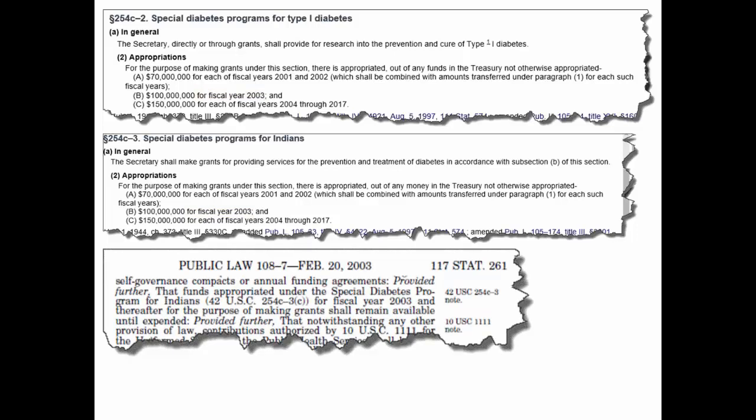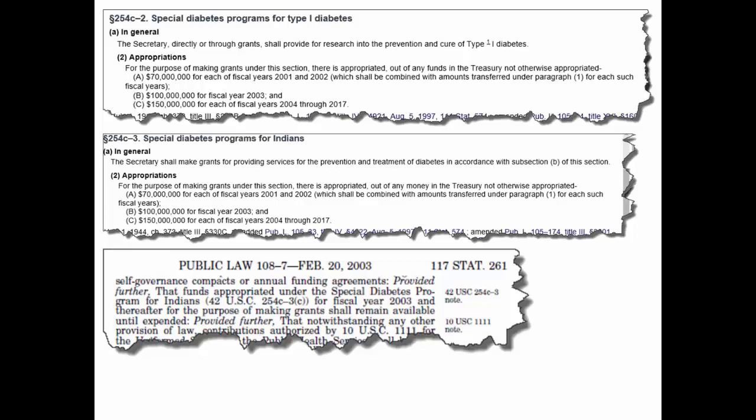However, Public Law 108-7 made the special diabetes programs for Indians funding no year by virtue of the "available until expended" language. How are you supposed to know this? By keeping up with any legislation that subsequently amends the appropriation.